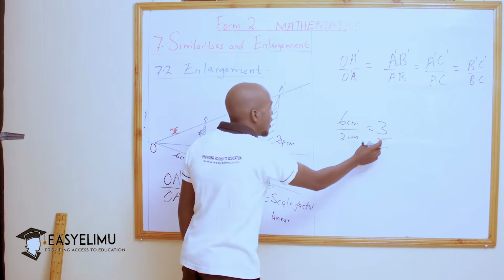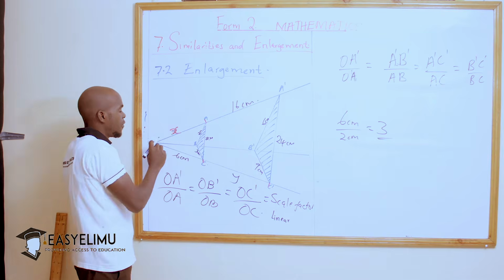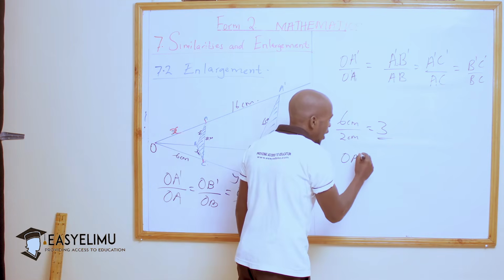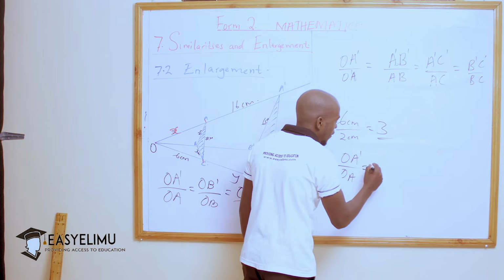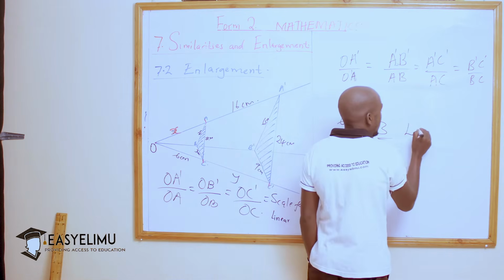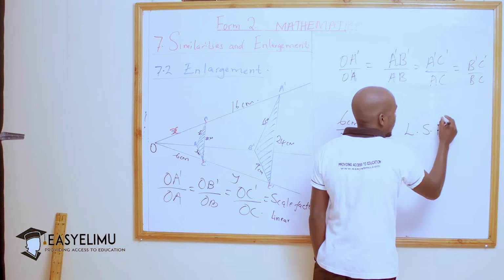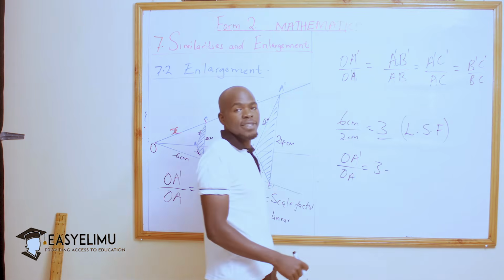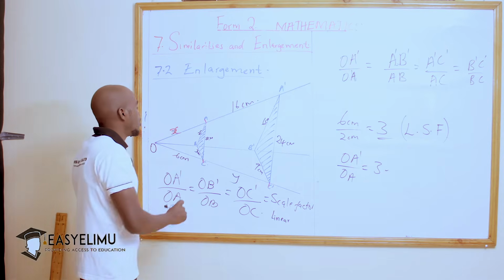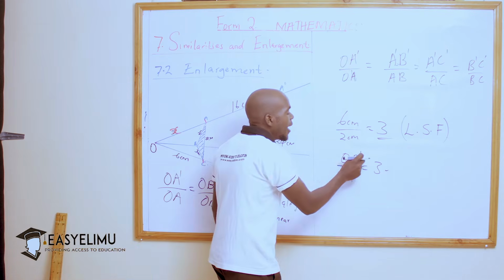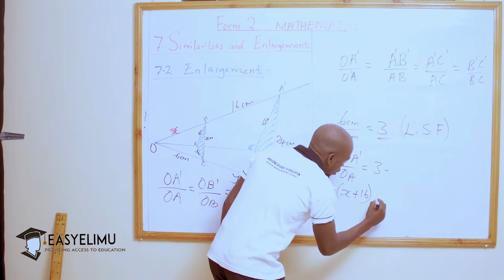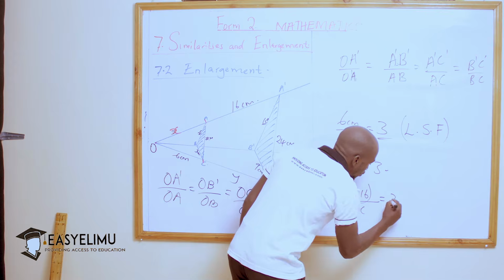And since we have found the linear scale factor, if we need to find OA, then we say, if we take OA prime over OA, we shall find 3. That is the linear scale factor, simply abbreviated as LSF. So since this is X, OA, it will be X plus 16 over X is equal to 3.